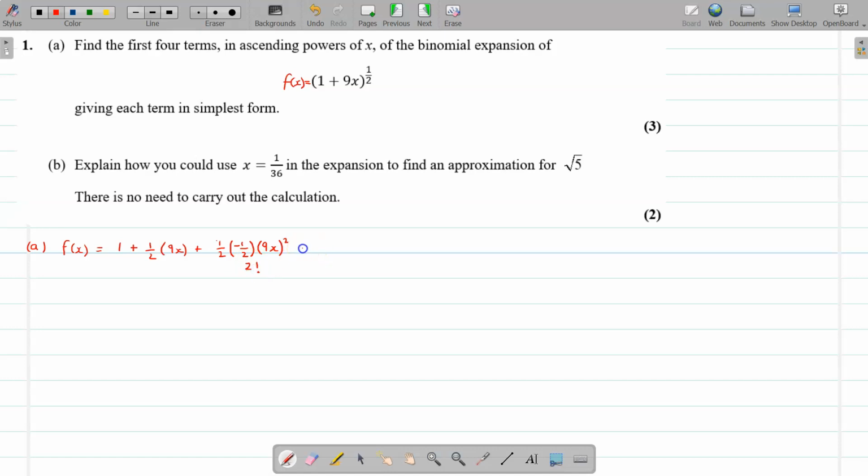Okay, and the last term I'm interested in is going to be n, minus 1, then it's n minus 2, and all of that is multiplied by the cube of 9x. Okay, and that's all divided by 3 factorial.